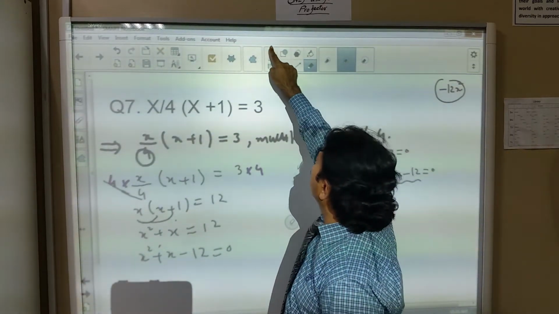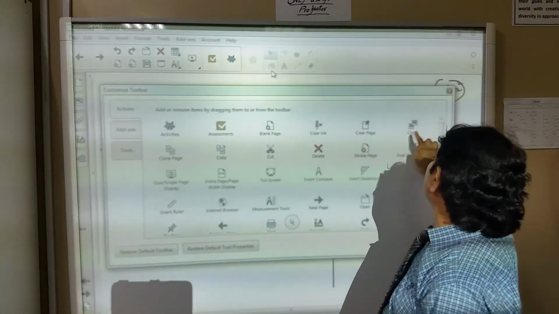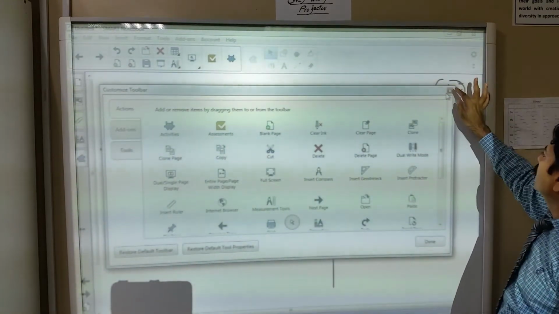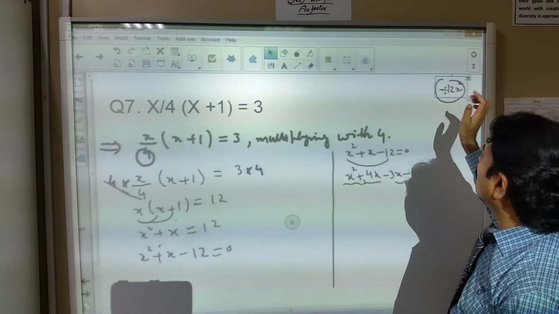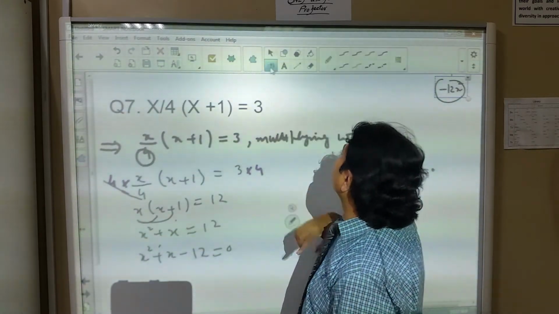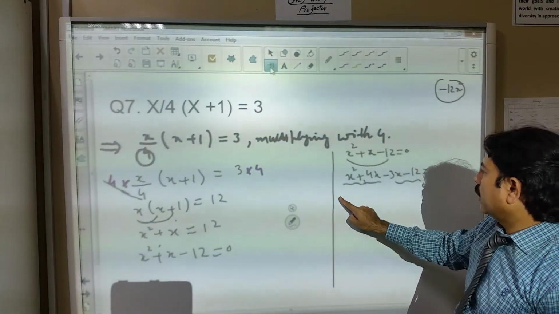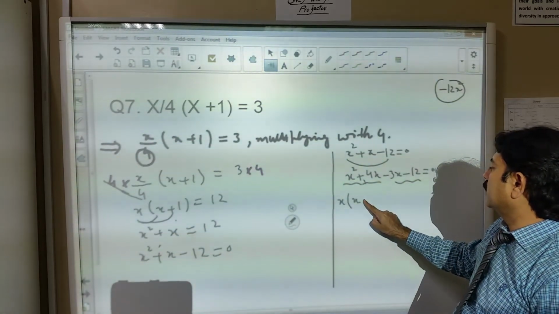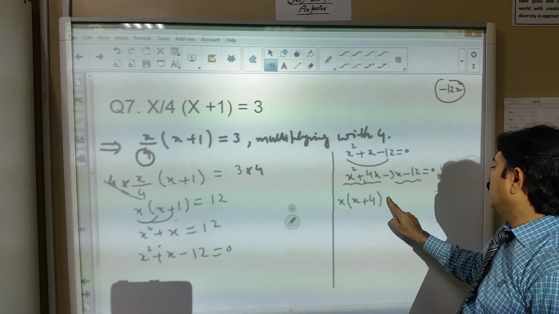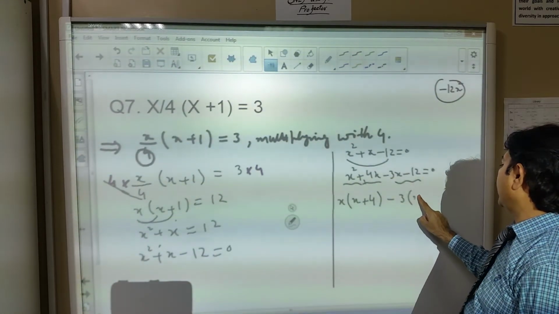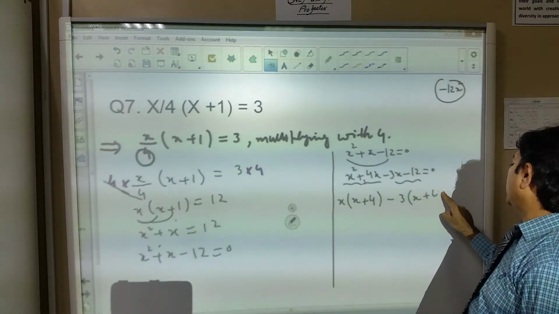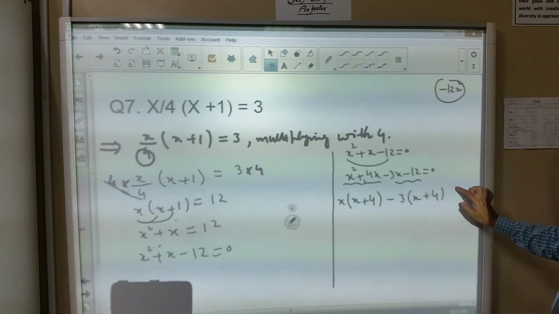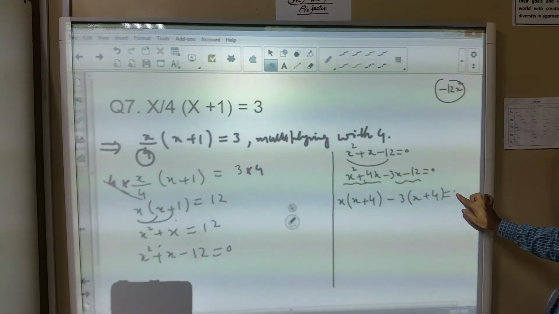So now see, x is taken outside, the remaining is x plus 4, minus 3 into x plus 4. Why have I written plus 4? Because outside is the negative sign, is equal to 0.